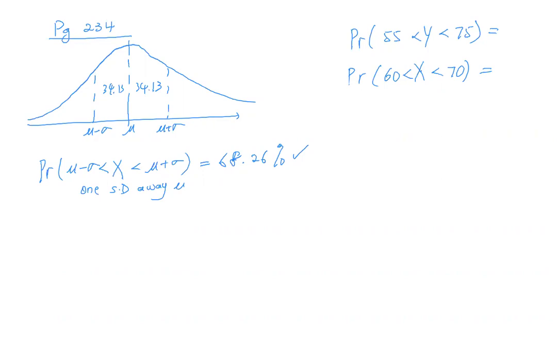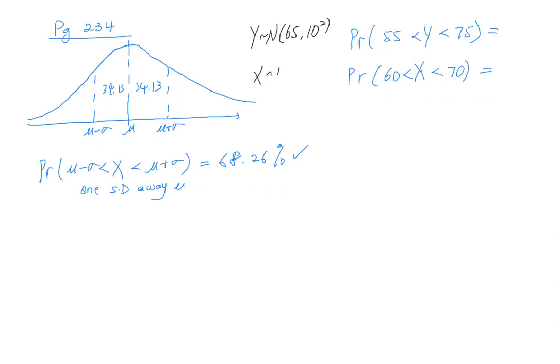Do you get the answer? Ashley, may I know what is the answer for this one? I'm not sure, Miss. Y is normally distributed, mean 65, standard deviation 10, correct?